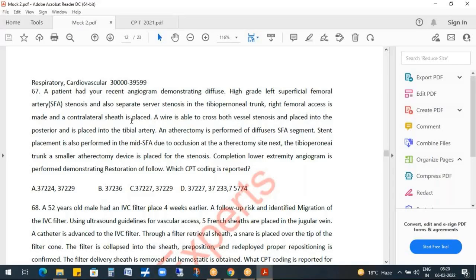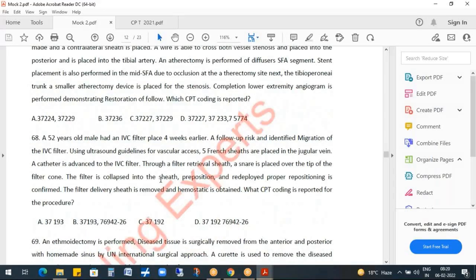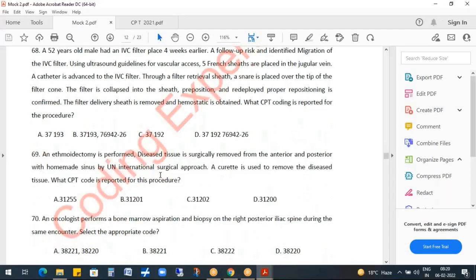The femoral artery is accessed and sheath inserted, posterior tibial artery atherectomy, stent placement. Peroneal, they are doing some atherectomy and there they are placing a stent. Only two are involved here. No need to go with the add-on code. C is the correct answer. Next, up to 70. Again read the question, Vishnu, you will understand now.